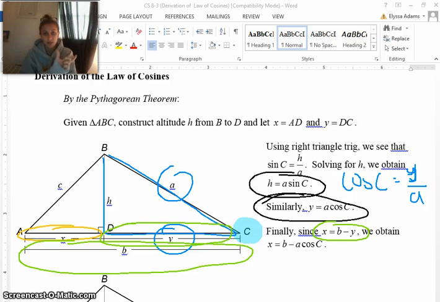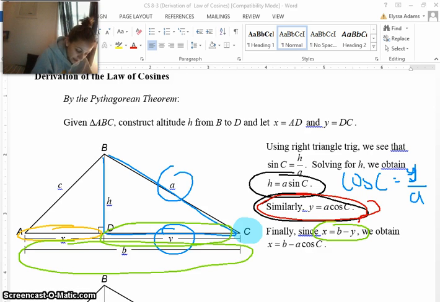So that little yellow nugget, x, is just equal to the big piece minus y. But we just found out what y was equal to. We know that y is really equal to a cosine c. So if we substitute that in there for y, we get that x is equal to b minus a cosine c.